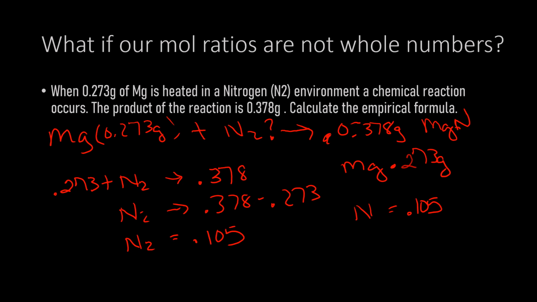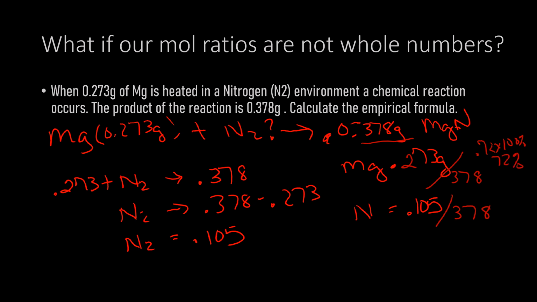To get our percentage, we divide by the whole, which was our total, 0.378. So 0.273 divided by 0.378 is 0.72, times 100% is 72%.